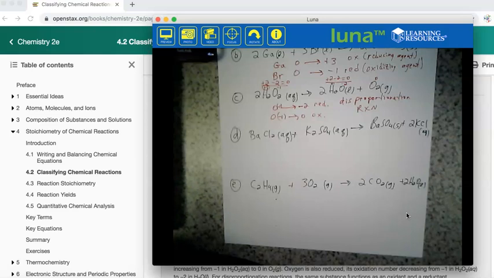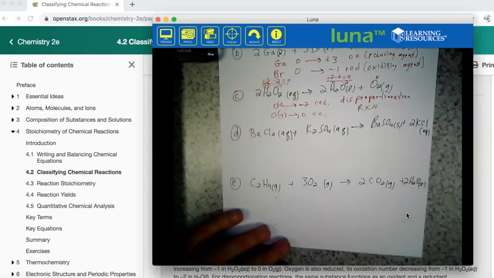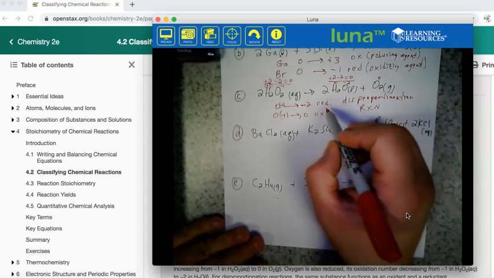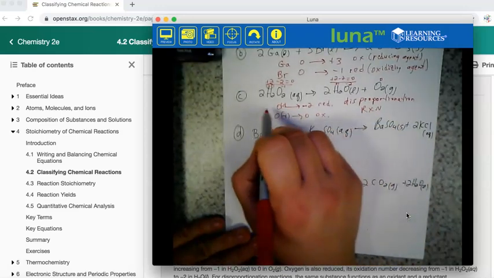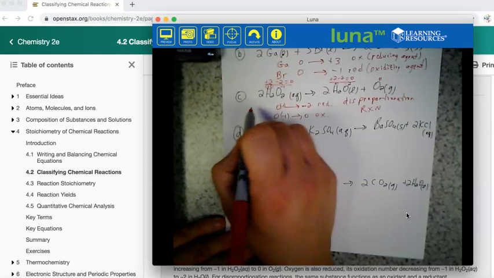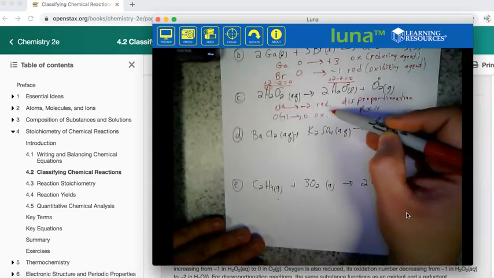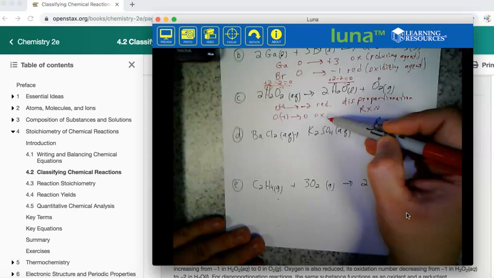So the oxidation numbers are different in each case. If this one is being reduced, it would be referred to as the oxidizing agent. If this one's being oxidized, it's referred to as the reducing agent.